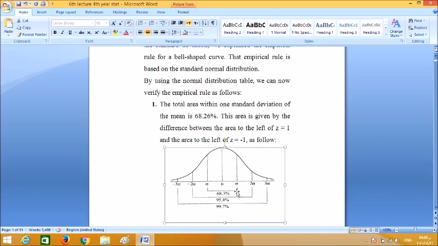So when Z equals 1, 2, or 3, or Z equals -1, -2, or -3, you don't need the table of Z. Why? Because of the empirical rule.